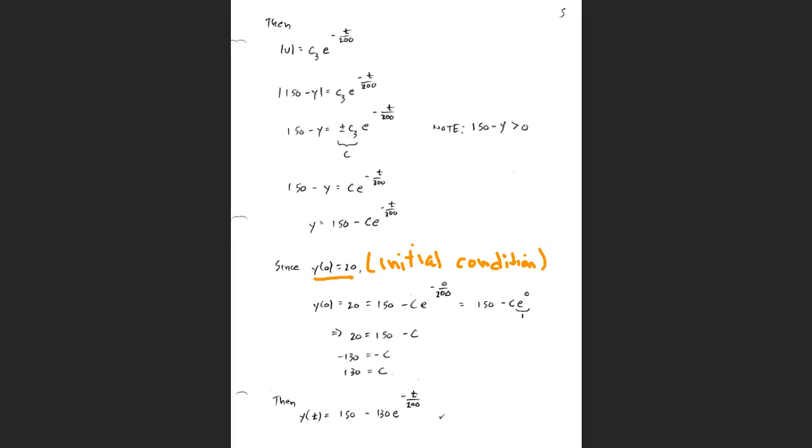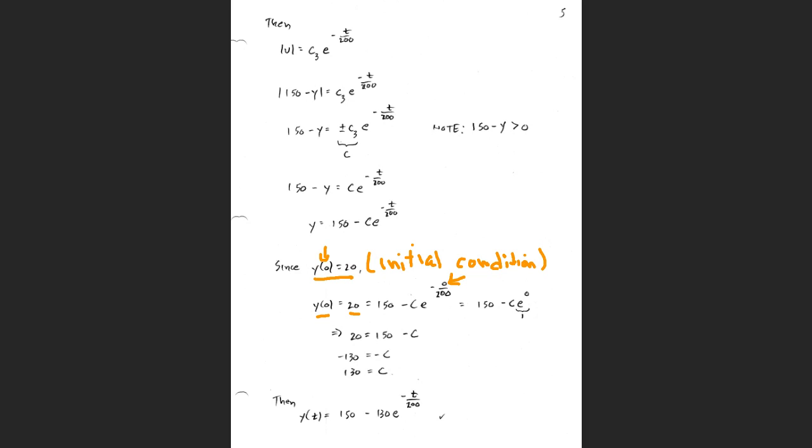So that means at time 0, before you have the brine entering the tank, you have 20 kilograms of salt in the tank. So y of 0 equals 20, and we put in the initial condition t equals 0 here.